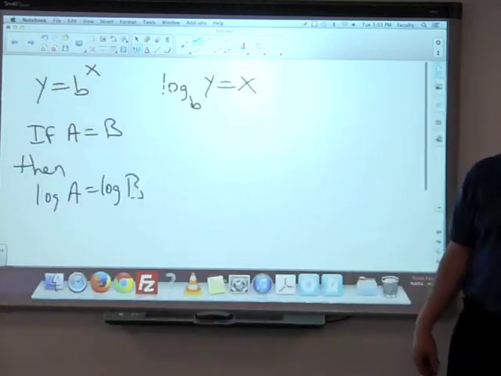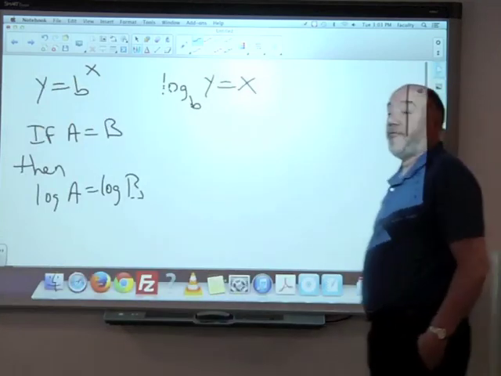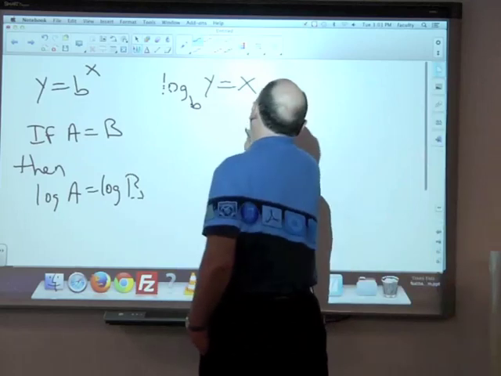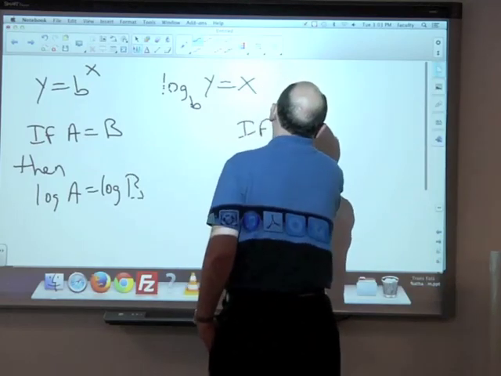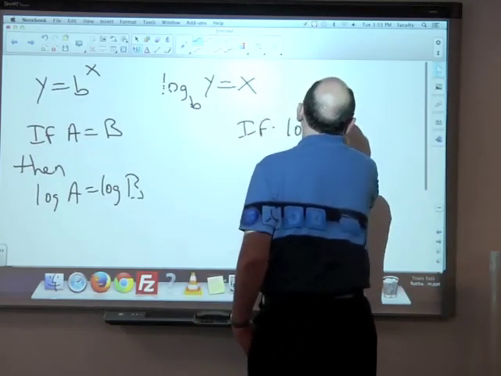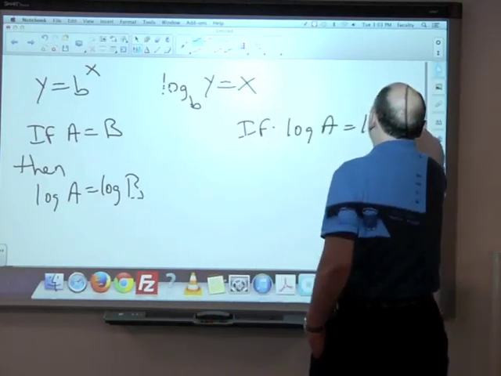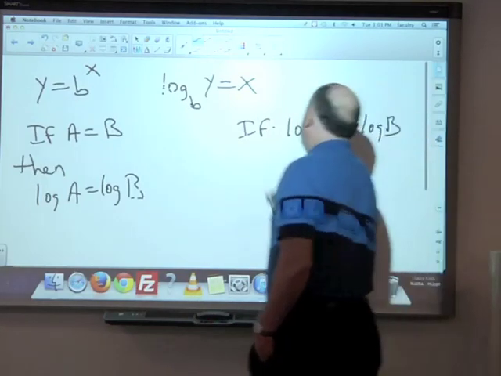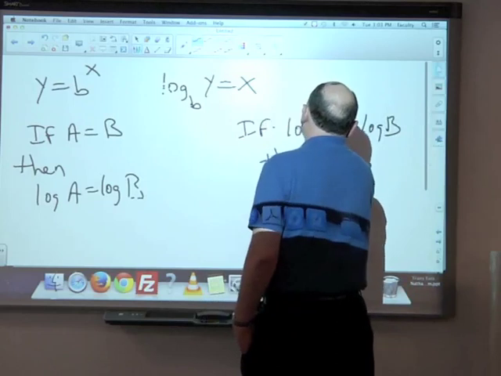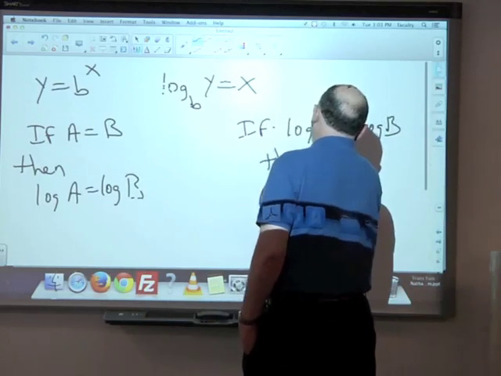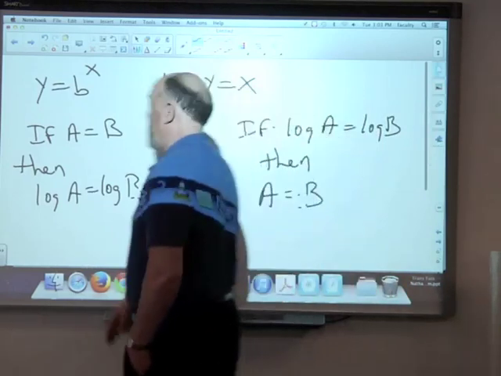If 5 is equal to 5, the log of 5 has to equal the log of 5. And conversely, if the log of A is equal to the log of B, then A has to equal B.